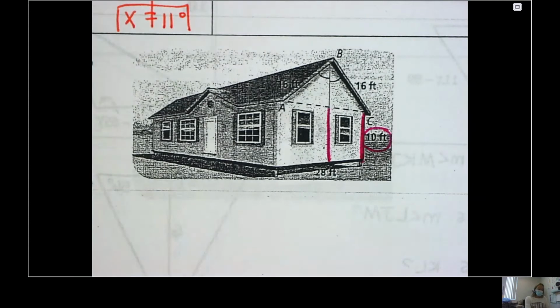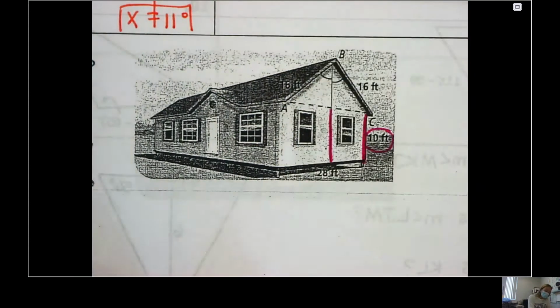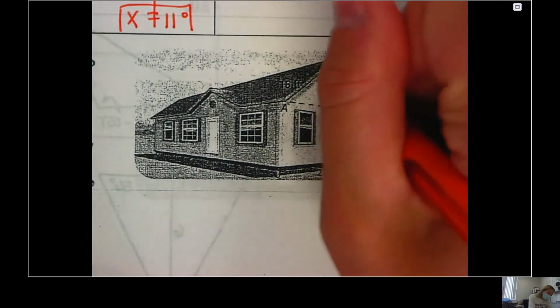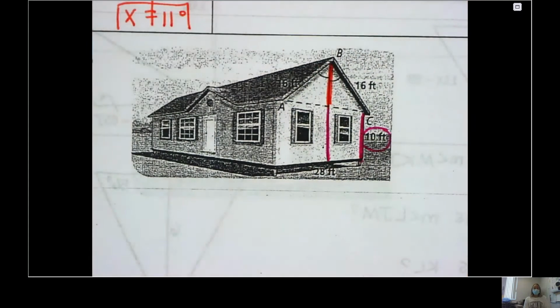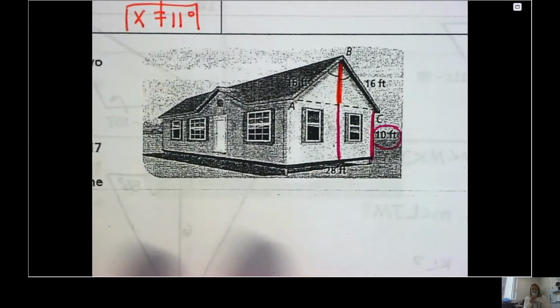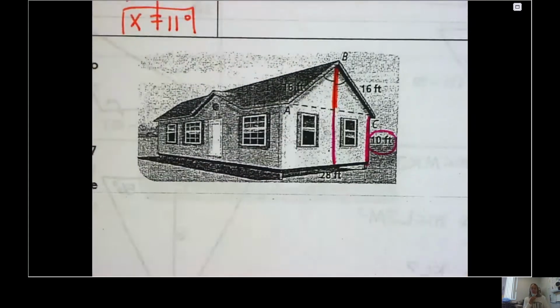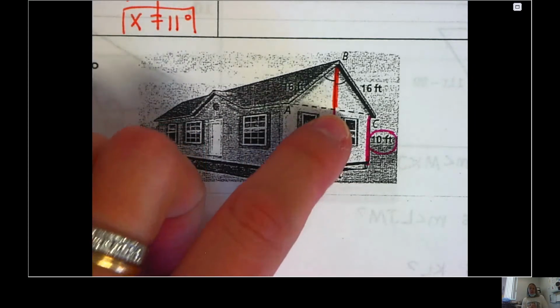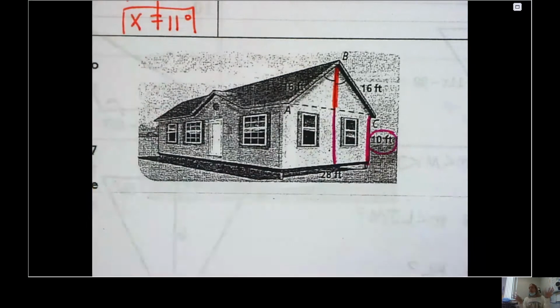So that means you have to figure out this height right over here. In order to fit underneath the clearance, this cannot be bigger than what? What's the biggest number I'm allowed to have there? 7. If it's bigger than 7, your house isn't going to fit. So if this height right here, this orange piece, is bigger than 7, then I can't take that route.